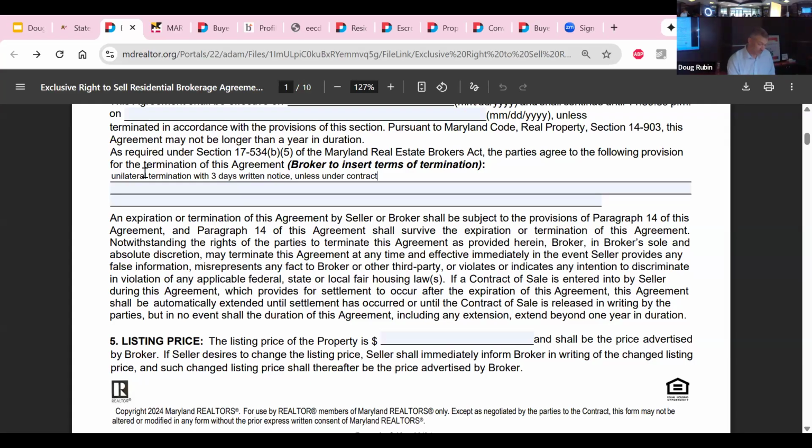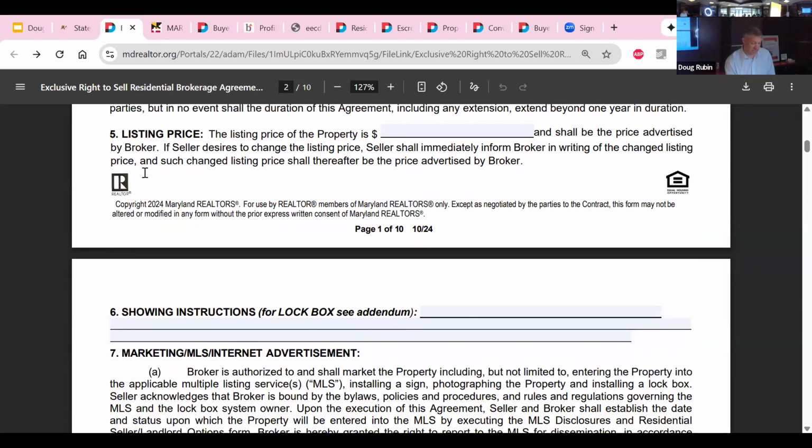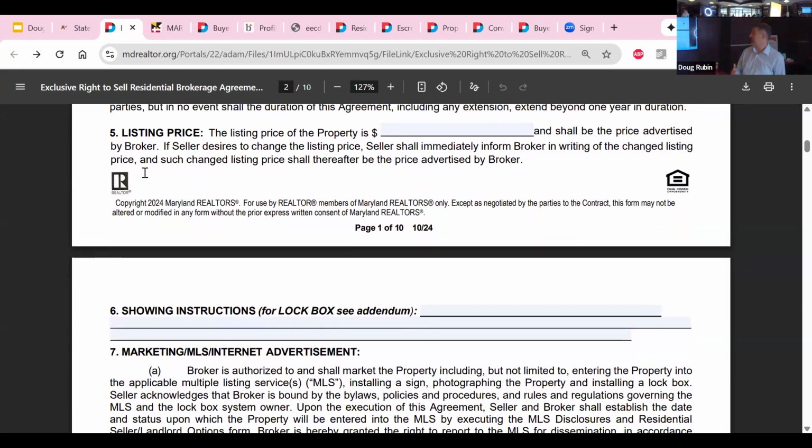Okay. You also need to put down a listing price for this document to sort of be complete. This can be an uncomfortable situation depending on where you are in the stage of your consultation with your sellers. If this is the first time you're meeting them and you want to get that document signed right away, that's totally fine.